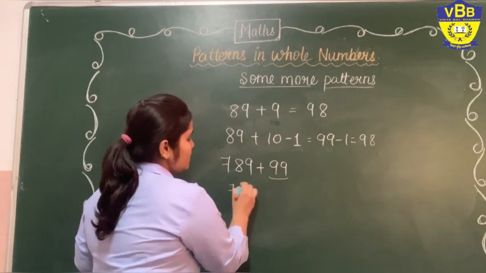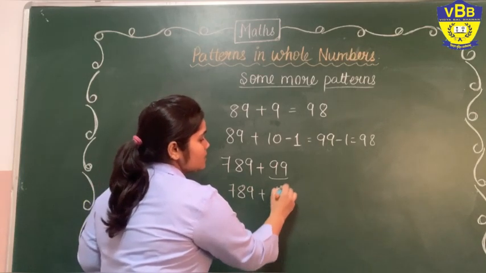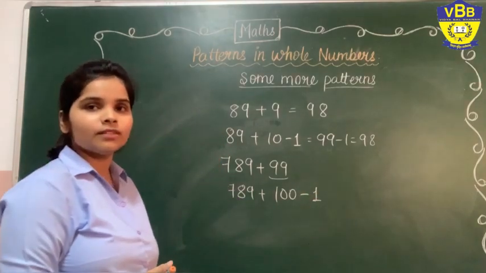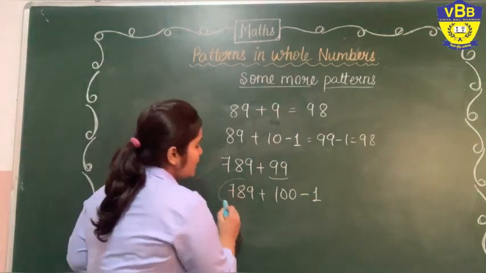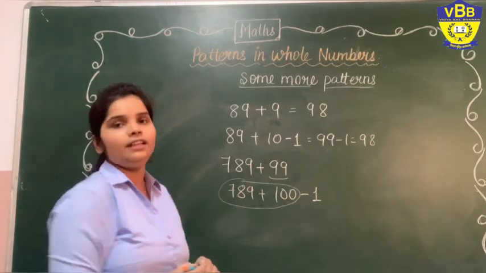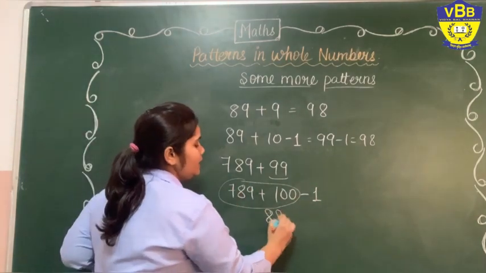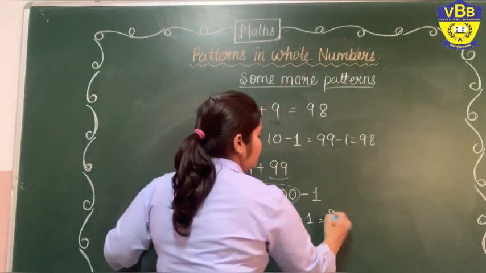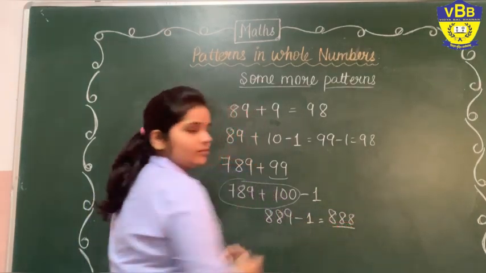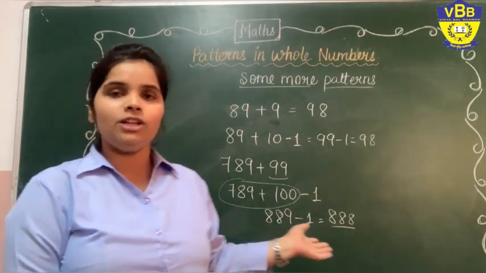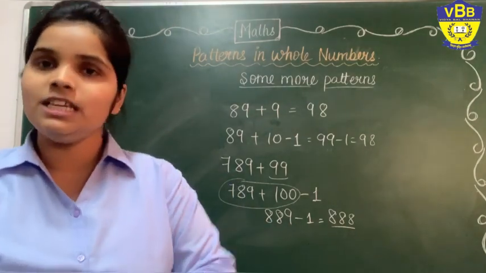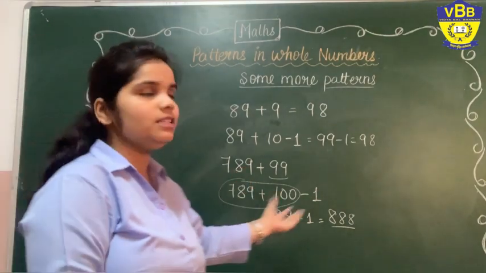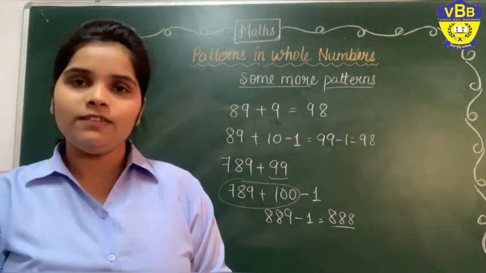Because we can change 99 as 100 minus 1. Now we add 100 to 789, that is 889. Now subtract 1. The answer is 888. We can perform the calculation like this to make it easier and quicker. This is the trick. These are some of the patterns we can use in daily life calculation.